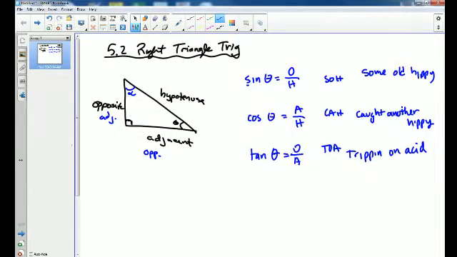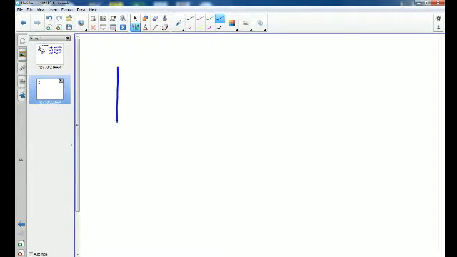Based on this information, there are a lot of ways we can use it. We can use it to calculate angle measures, and we can use it to calculate side measures. Was the tangent opposite over adjacent? Yes.